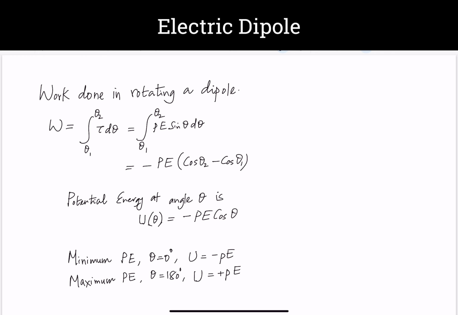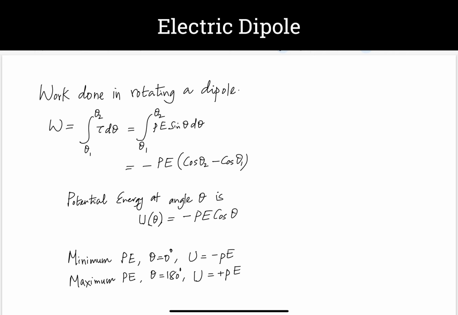So that's the formula for work done in rotating a dipole. Now, from this formula, we can define the potential energy at any angle theta as minus PE cosine theta. That is what you use when you calculate the potential energy at any angle theta.